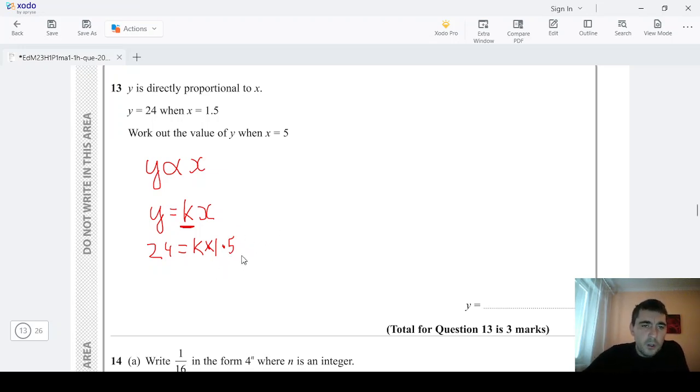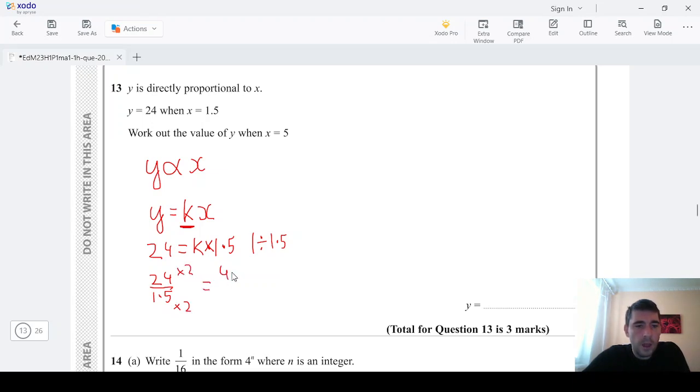Next, to work out k, we divide both sides by 1.5, so 24 divided by 1.5. I don't like to have decimals in the denominator, so I can double both denominator and numerator to get 48 over 3, which I can divide easily, which is 16.